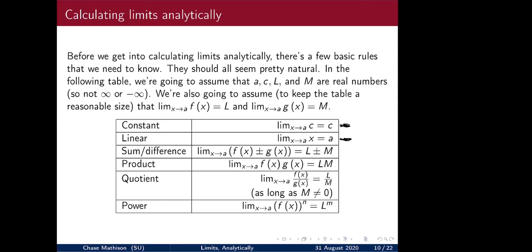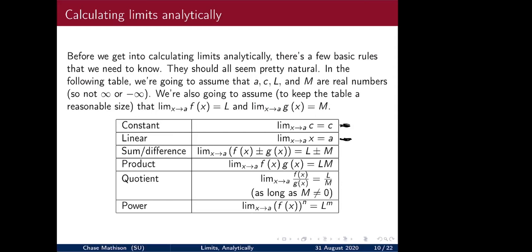The second one says that the limit as x approaches a of x is just a. The third one says that the limit of a sum is the sum of the limits. Hopefully that one seems pretty natural. And really all of these: the limit of a product is the product of the limits, the limit of a quotient is the quotient of the limits, and the limit of a power is the power of the limit.